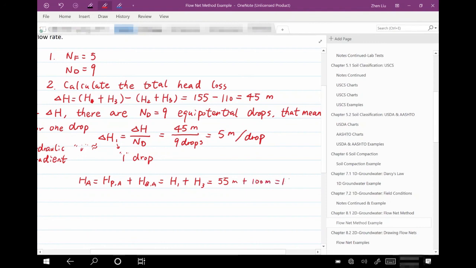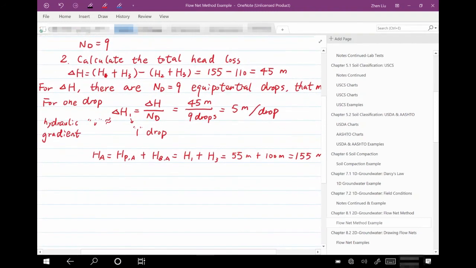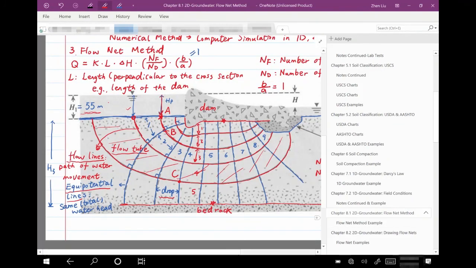We got 155 meters. And then we need to calculate the total head of point B. To do that, let's take a look at the flow net again. Point B and point A are on exactly the same flow line. That means we can imagine that the water will flow from point A to point B.